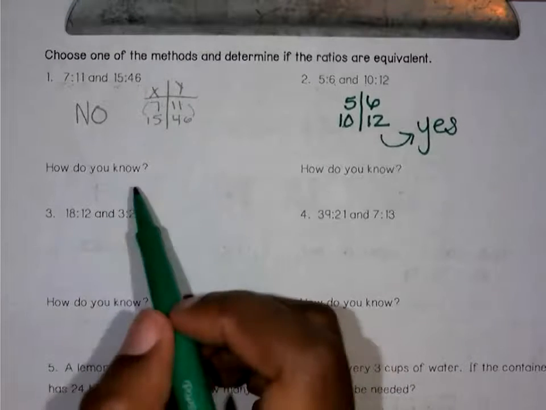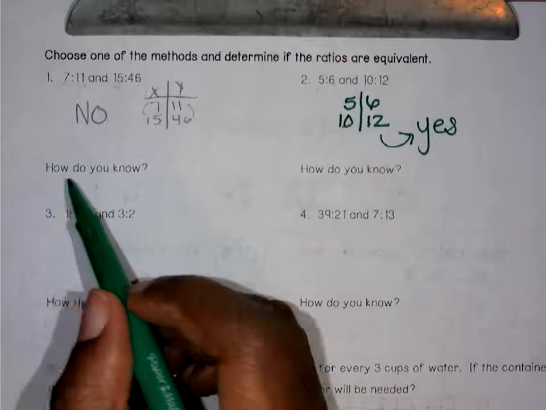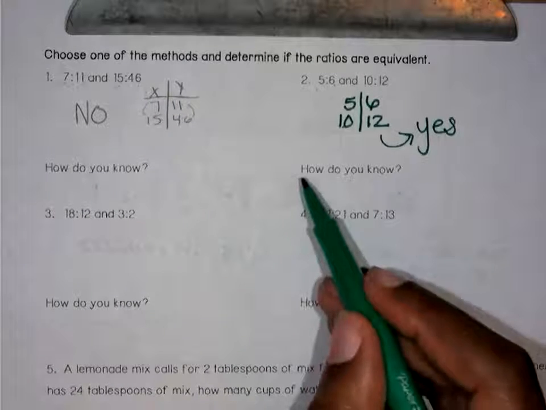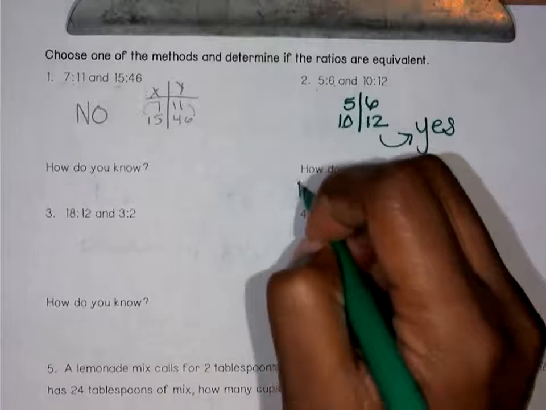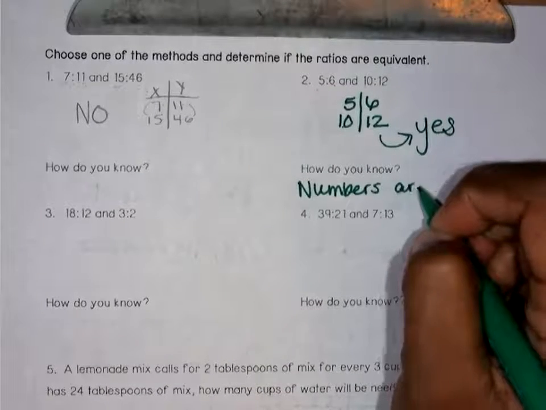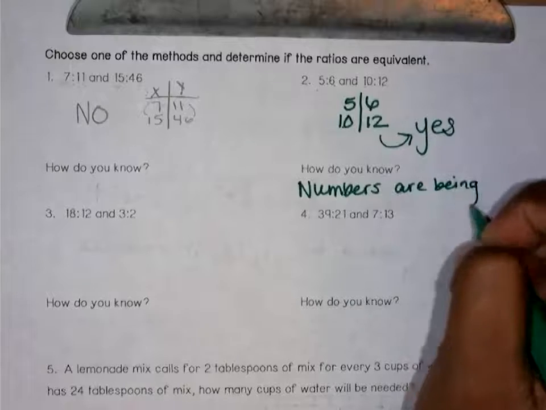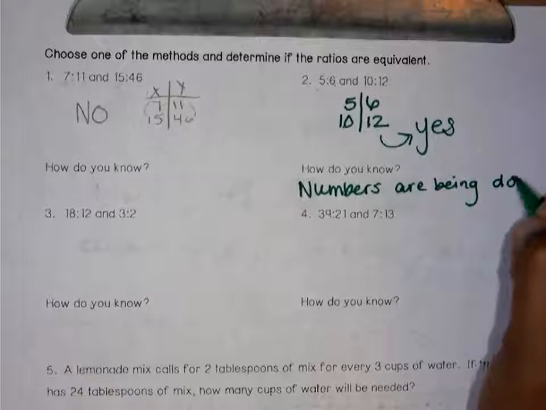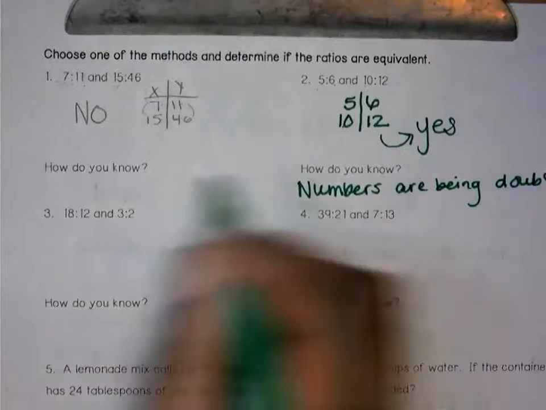And the two parts where it says, how do you know? Well, let's start with this one. How do you know? You would say numbers are being doubled. And how do you know this one?